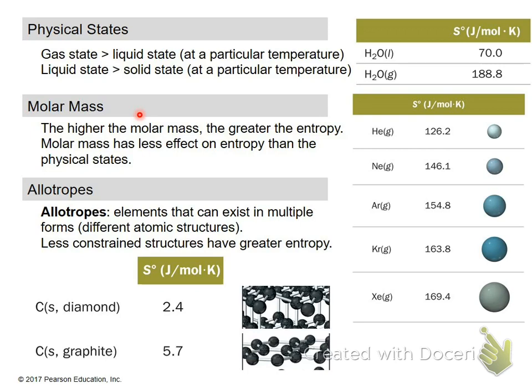Graphite has less constrained structures because they're basically just a bunch of carbon sheets stacked on top of each other. Versus diamond, which is 3-dimensional, with a face-centered cubic FCC type of crystal structure, and so it has lower entropy.